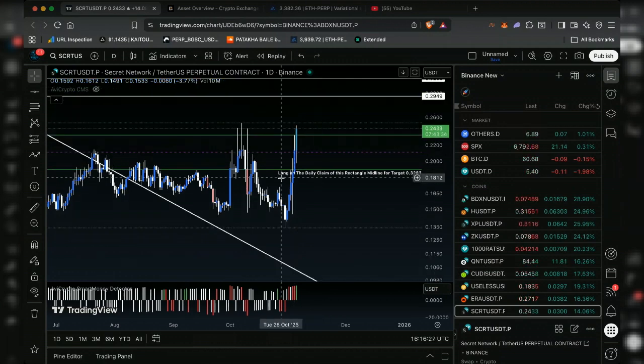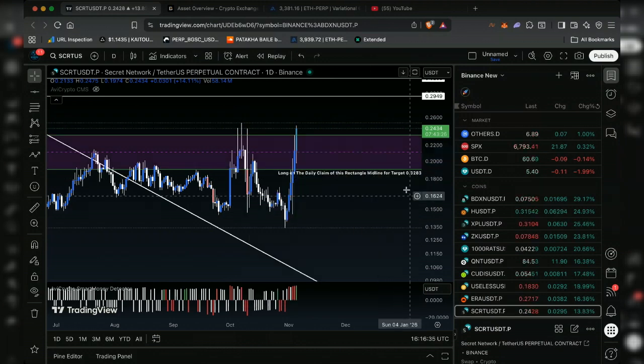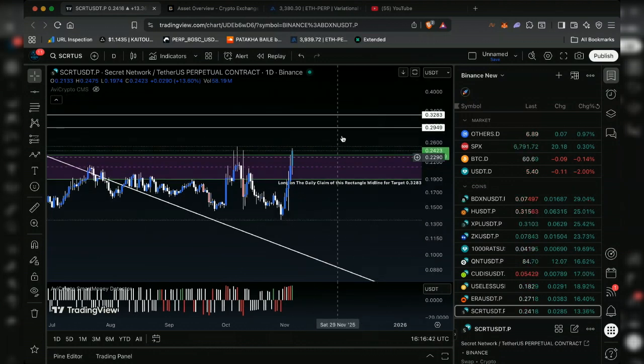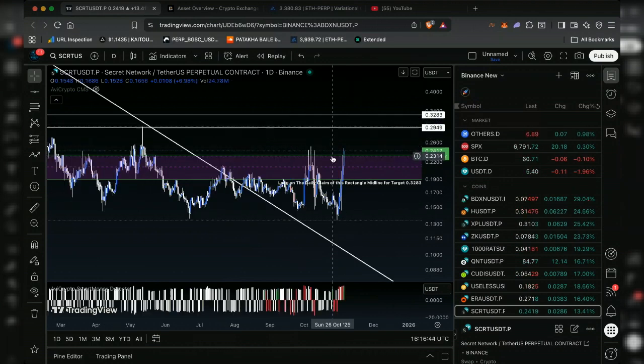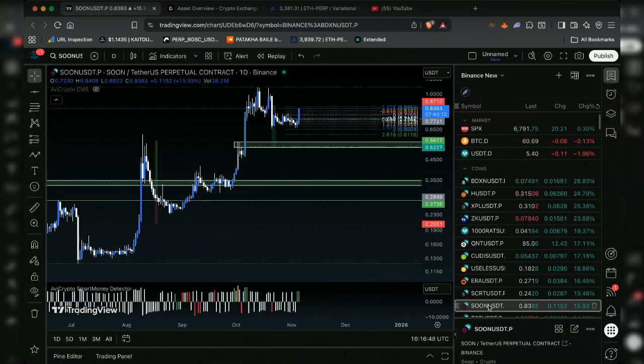It's clearly written here, long on the daily claim of this rectangle midline. So this is a rectangle, and if you can see, this is the midline. This has claimed, and it is set to go long, and you can see the targets are already marked, and these will be filled very soon. But I'm not in this trade, right? Soon.